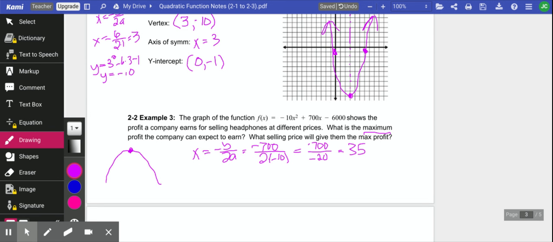Now we need to think about what 35 is. The graph of the function shows the profit for selling headphones at different prices. This is the price of headphones, okay? If you sell them for $35 a piece, that's the selling price. $35 is the selling price. If we want to find what is the maximum profit, that's the y value. So we need to go back to the equation and plug in 35.